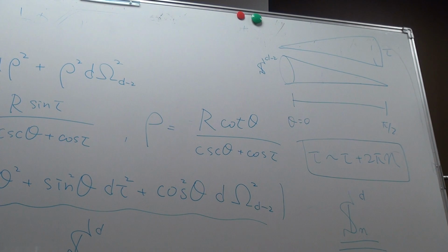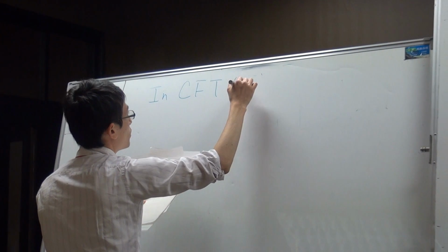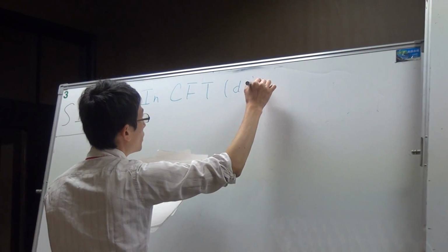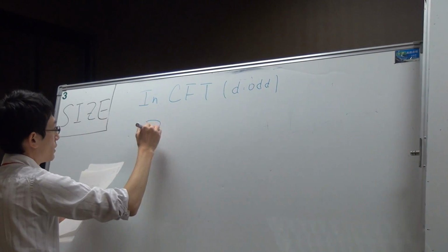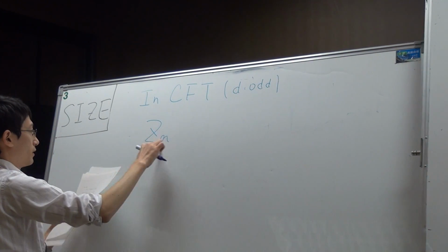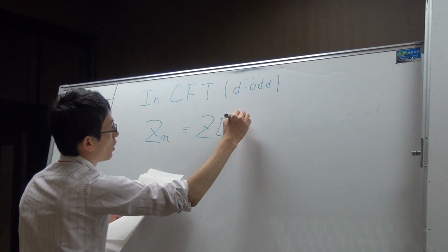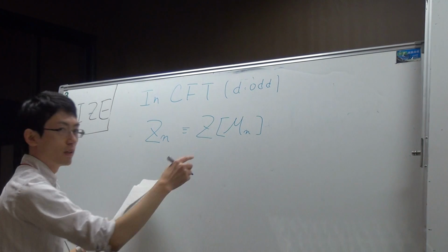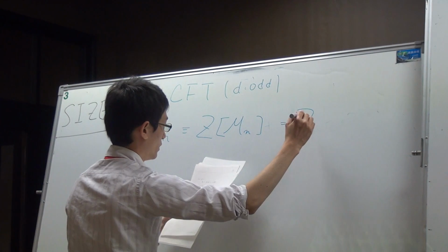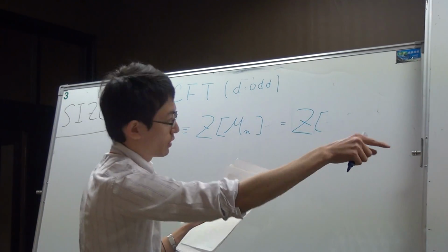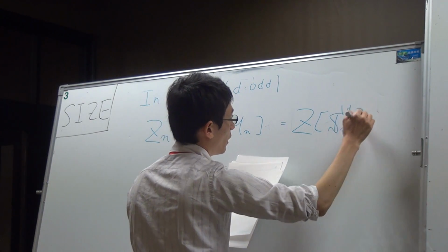Okay, in odd-dimensional CFT, for CFT, the partition function Z_n, this is the partition function on the n-covering space M_n, is equal to the partition function Z on that sphere. I will call it the n-covering sphere.